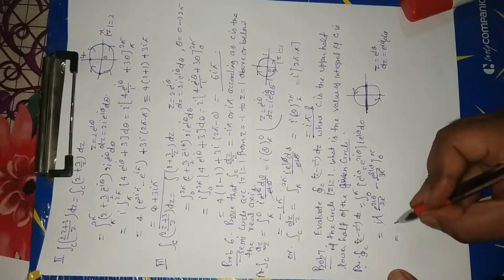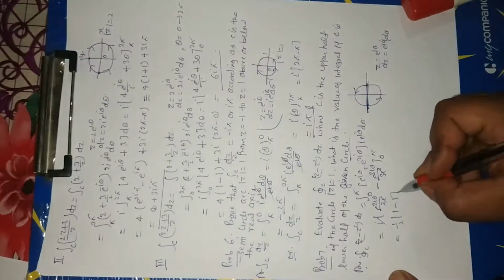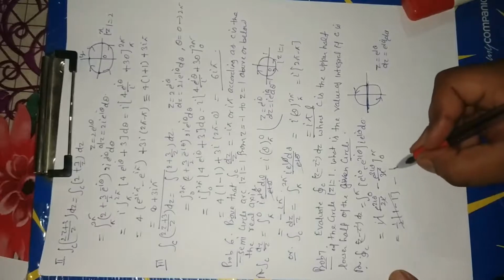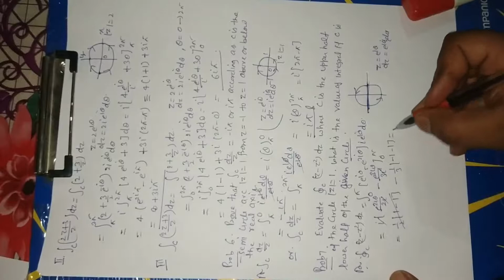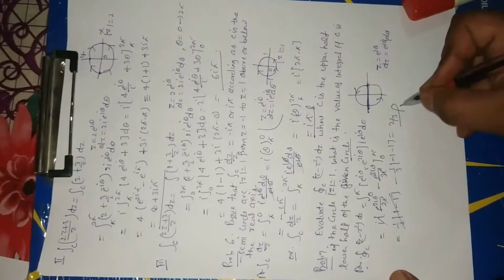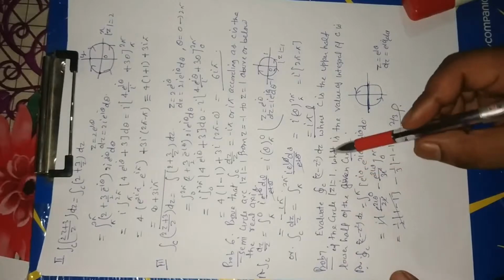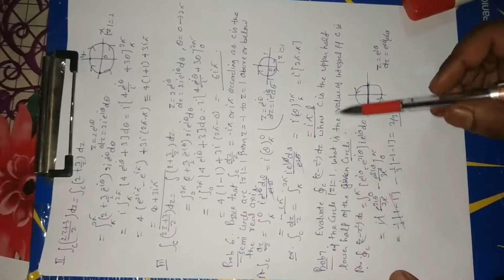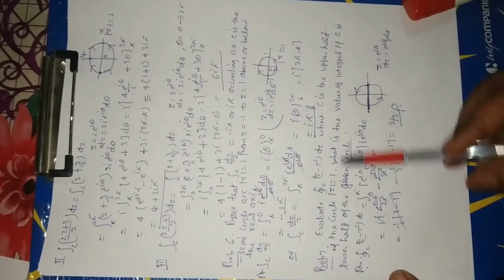This is equal to 1 upon 2 times (e to the power 2 pi i minus 1), this is cancelled. Minus 1 upon 3 times (minus 1 minus 1). Now 2 by 3. This is the value of the integral in the case of the upper half circle.